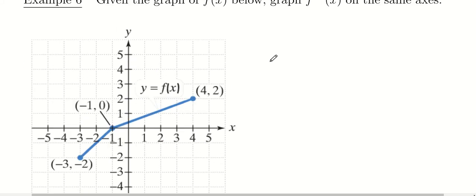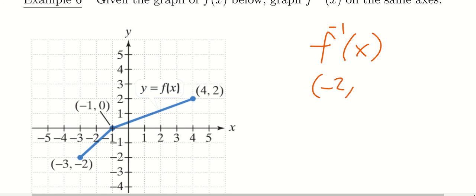As an example, let's suppose they give us the graph of f of x below, and we want to find the graph of f inverse. In order to help us, let's create a table here for f inverse of x. Notice that we have these ordered pairs that are on the graph of f: -3, -2, then -1, 0, and also 4, 2.